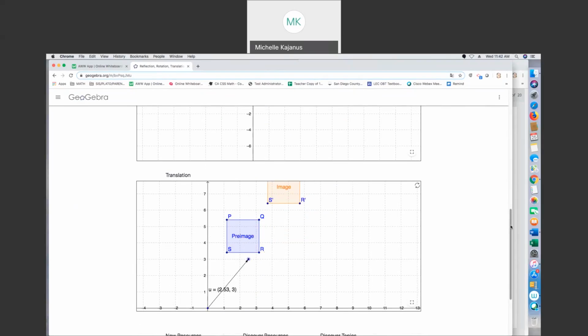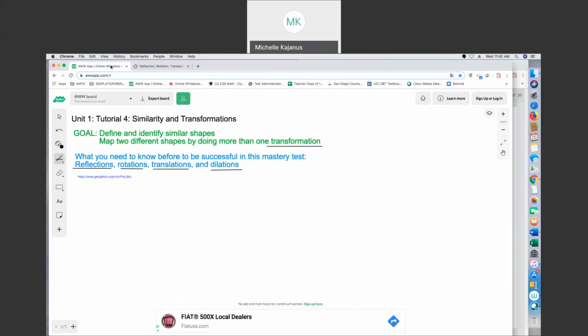The 3 main types of transformations: reflection, rotation, translation. A dilation is a transformation when you have the same shape, but the size is different. If you need further review, please start the Khan Academy activities on this, or just contact one of the math teachers and we'll be happy to go over these topics with you.